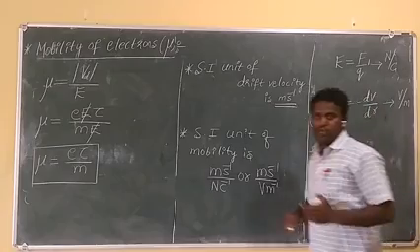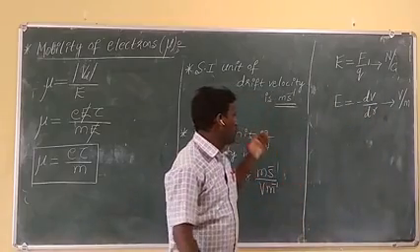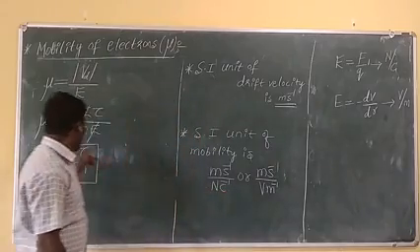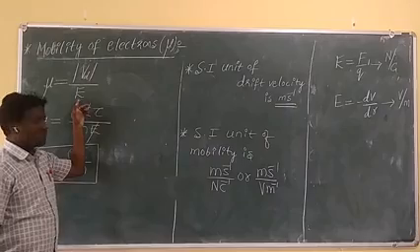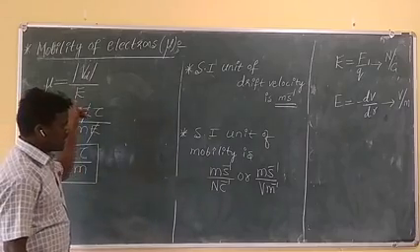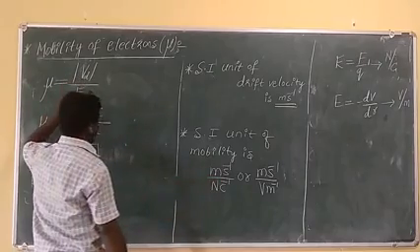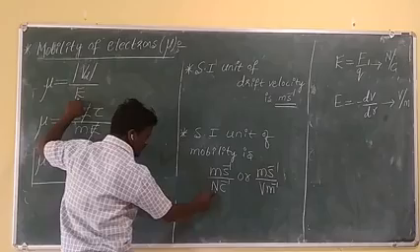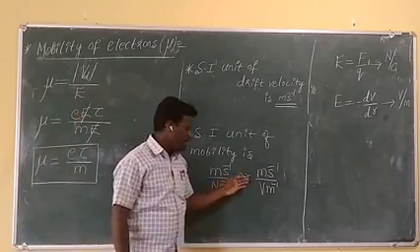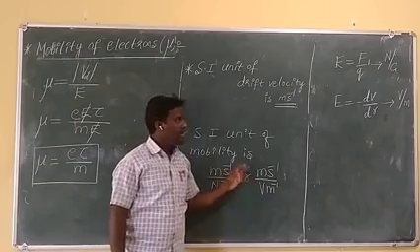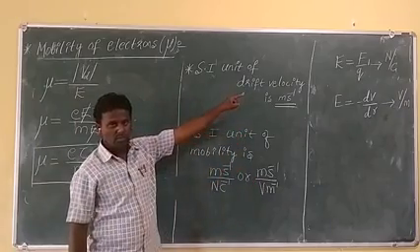So you have two formulas for electric field. In the numerator you have drift velocity, meter per second. Once I use Newton per coulomb for electric field, and next time I use volt per meter, because electric field is expressed in two ways.